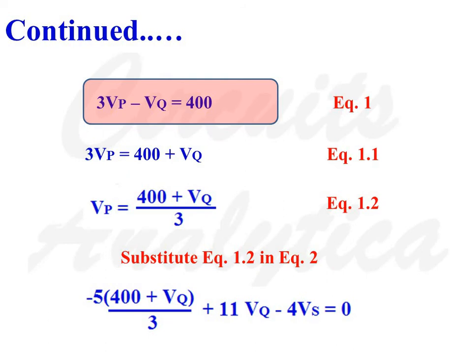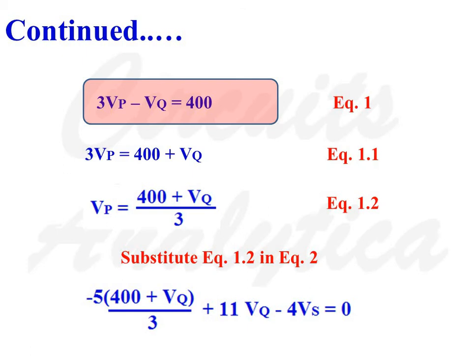So consider equation number 1, 3Vp minus Vq is equal to 400. So 3Vp is equal to 400 plus Vq. Therefore we can write Vp is equal to (400 plus Vq) divided by 3, equation 1.2. Substitute equation 1.2 in equation 2. Equation 2 is minus 5Vp plus 11Vq minus 4Vs is equal to 0.